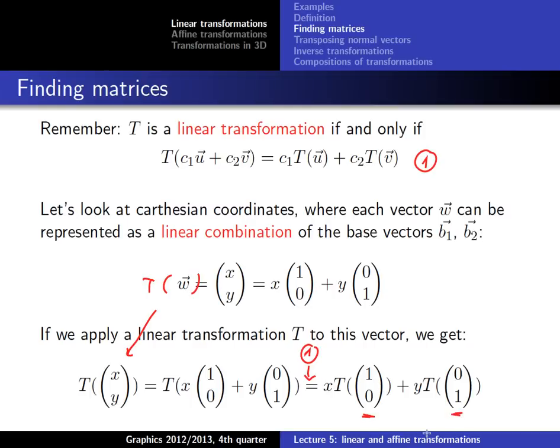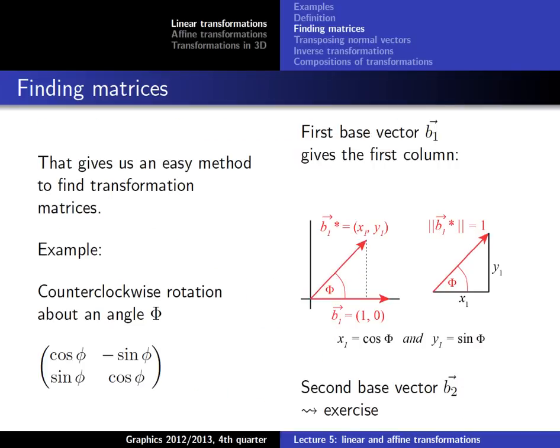And that way we see that it also works for any kind of vector in our coordinate space. If we apply this matrix to it, it does exactly the transformation that we want, if we have chosen the column vectors in a way that they map the base vectors to the images of the base vectors after we apply the transformation. And that of course makes it now very easy to come up with this matrix here.